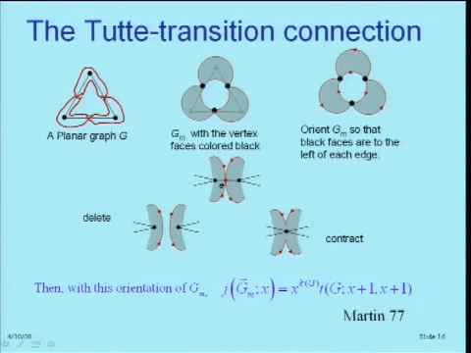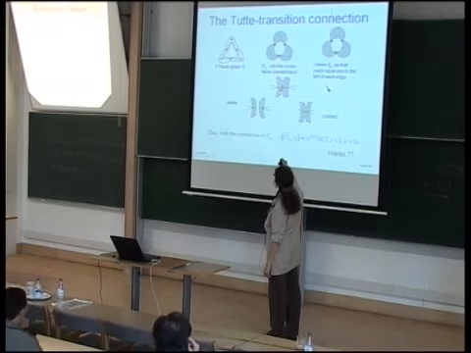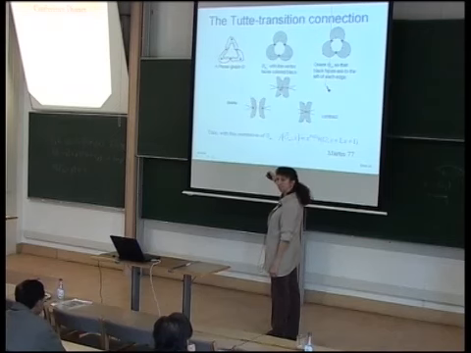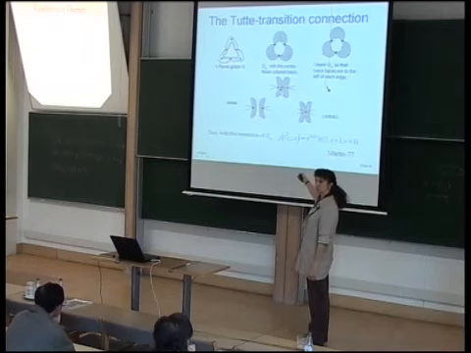And then the lovely observation that makes the relationship work is that if you look at an edge in the underlying planar graph, and here's the medial graph kind of around it, if I delete that edge, it corresponds to a black face transition. And if I contract that edge, it corresponds to a white face transition.